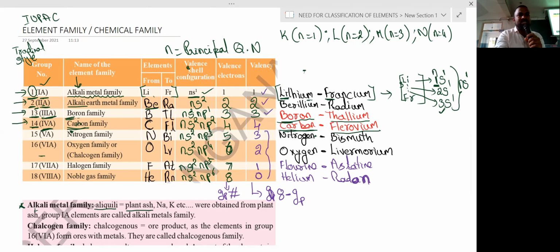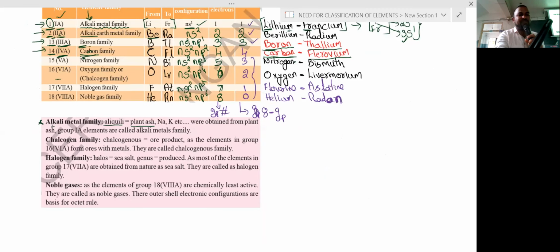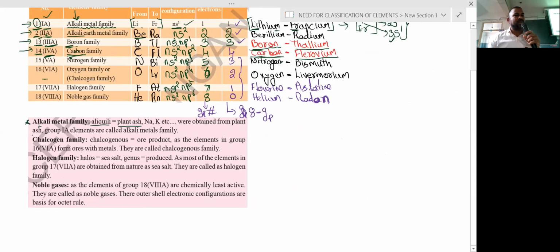Now, let me go over the families we are discussing. I have discussed why they got their names: 1A group elements and 2A group elements, why we call them alkali, from plant ash.